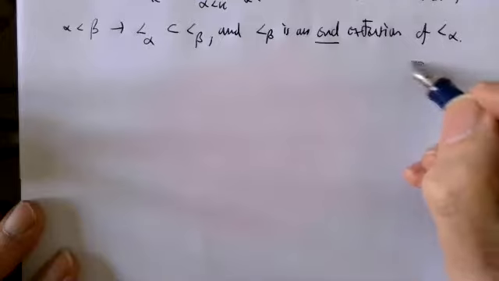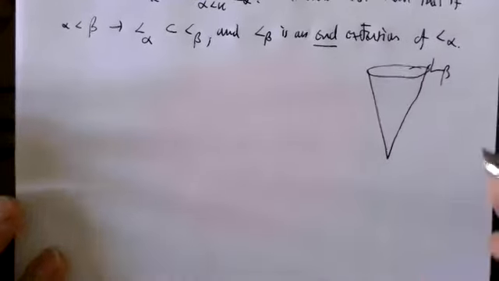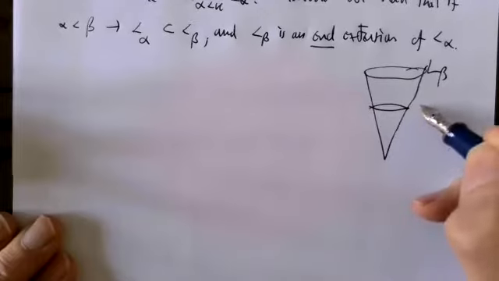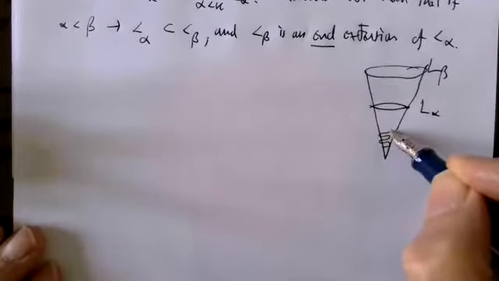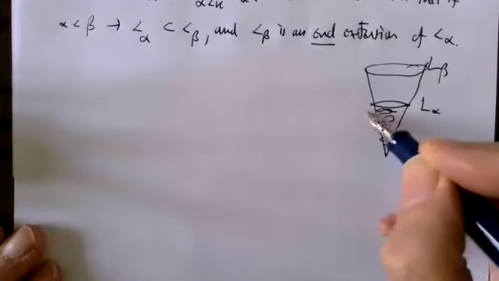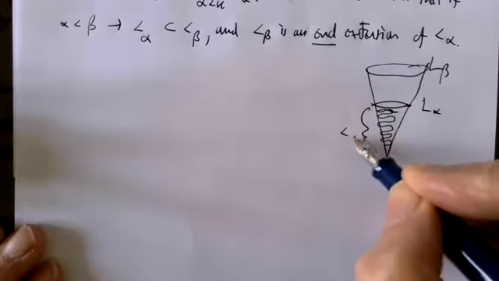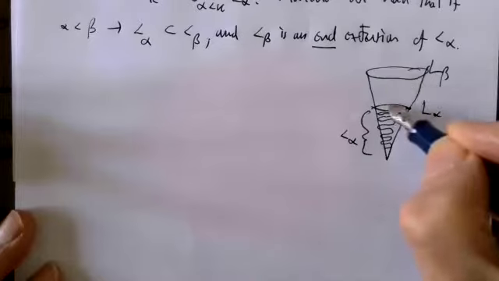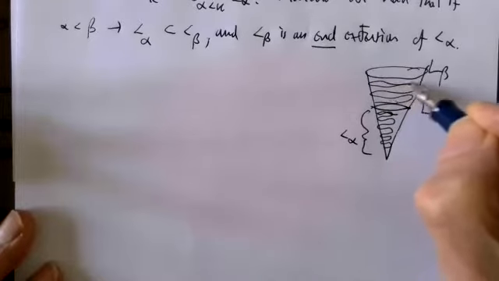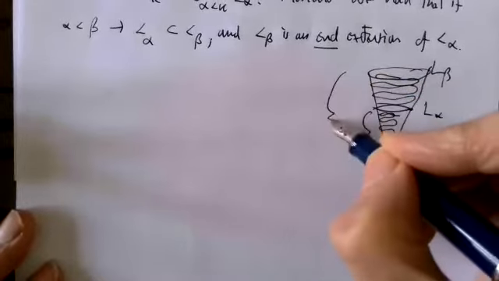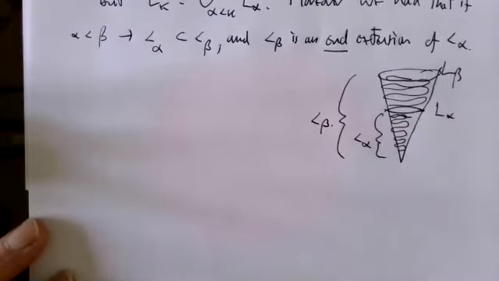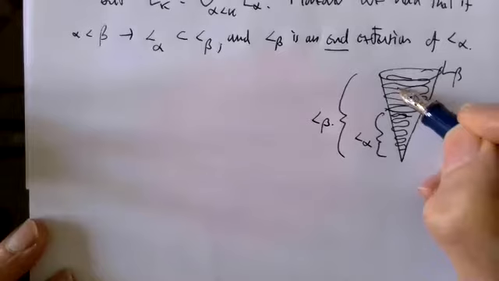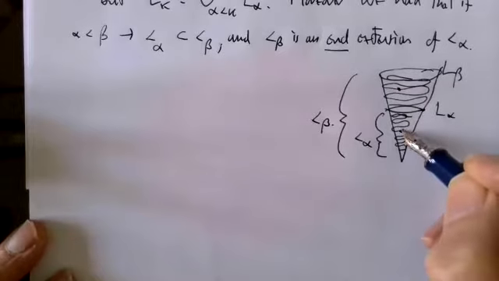So if this was L beta, and here is L alpha, we've got this ordering of L alpha, and the ordering of L beta is just continuing the snake up here. We don't reorder things so that some new set up here gets before some old set that's down here.